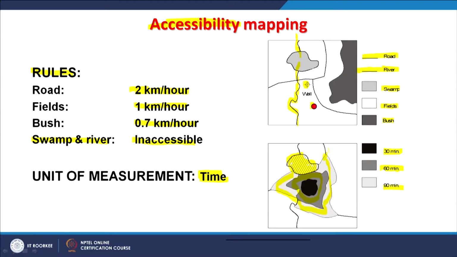If a person who is here has to spend 90 minutes, and if it is possible, a new well can be created, a new hand pump can be installed, so that the people living there will fetch the water in only a few minutes, not in an hour. So, likewise we can do this accessibility mapping involving connectivity functions, under which we are discussing proximity and accessibility.